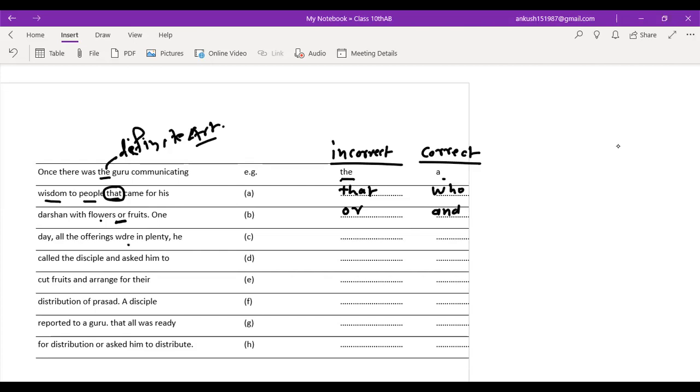One day, all the offerings were in plenty. It is were, not D, it is E. Were in plenty. All the offerings were in plenty. Here, all is giving you the quantity, but here it is not the matter of quantity.